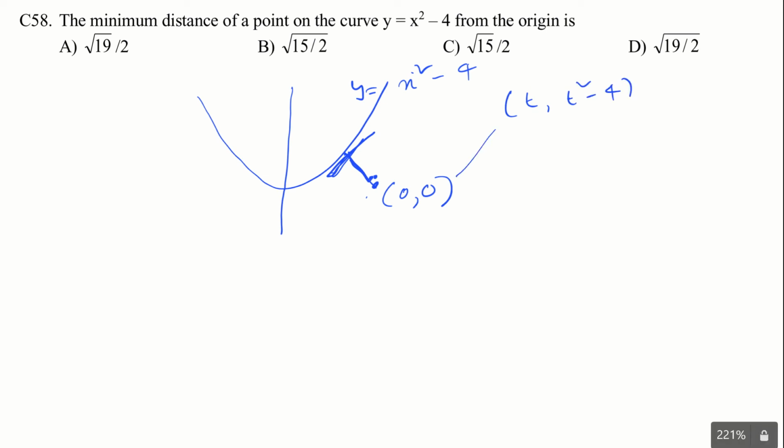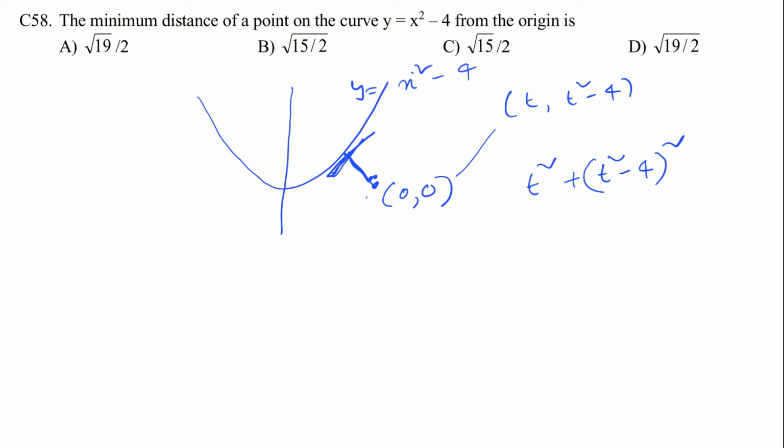Then the distance between this point and the origin will be the root of t square plus (t square minus 4) whole square. So minimizing this is the same as minimizing the square. Let me first minimize this, then I will take the square root for the required distance.